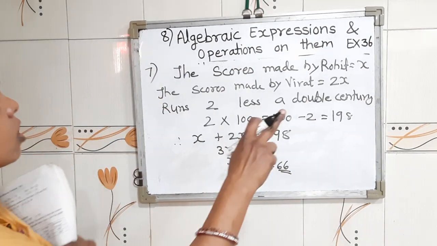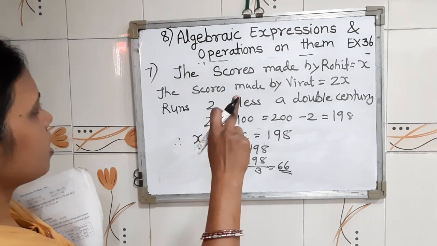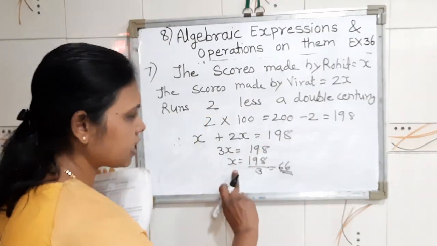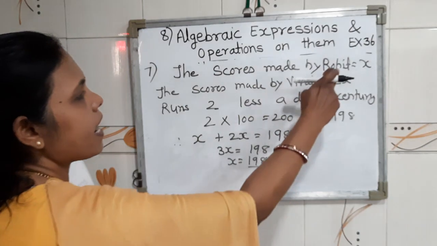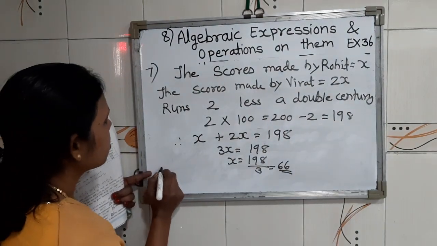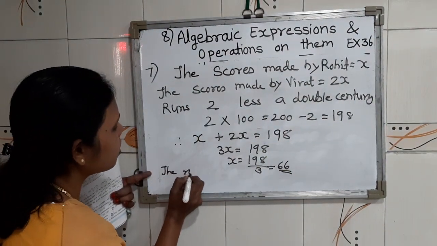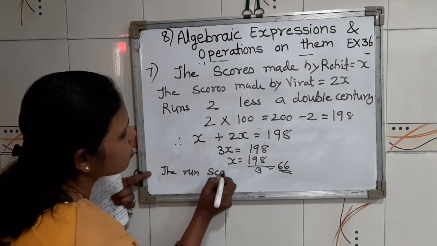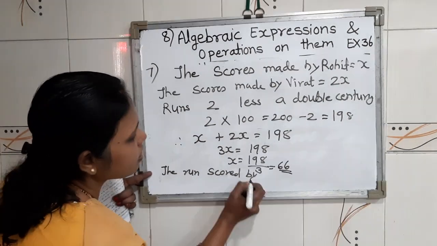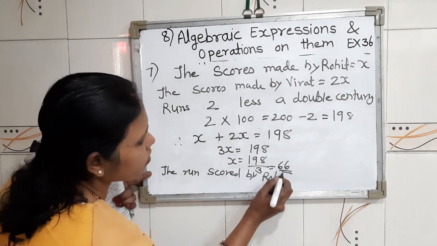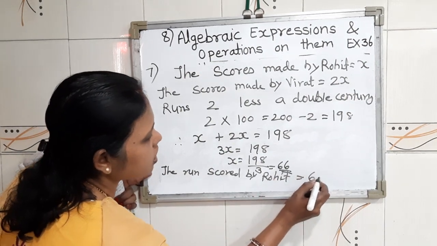x is the runs scored by Rohit. Write down the runs scored by Rohit equal to 66.